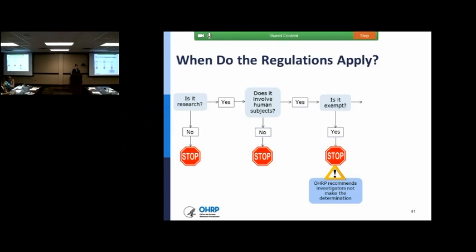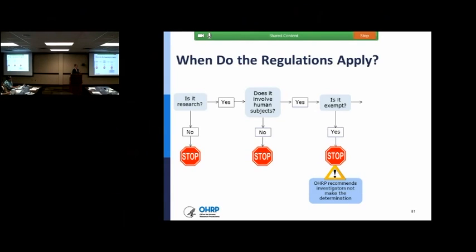But you'll see the exclamation point that says, OHRP recommends investigators not make this determination themselves. So we're not going to talk anymore about this particular aspect of it, but deciding whether or not a study is exempt is something that will depend on institutional practices and policies.